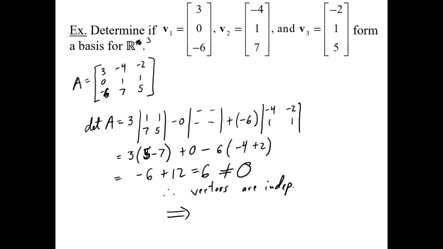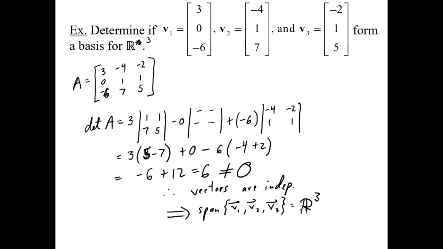Which means that the span of v1, v2, v3 is equal to R3. It's worth mentioning, if I were to add another vector to that set, the span would still be R3. The difference is it would not be a basis.